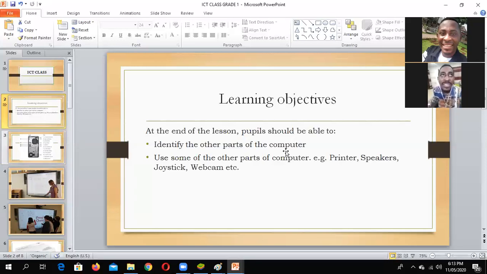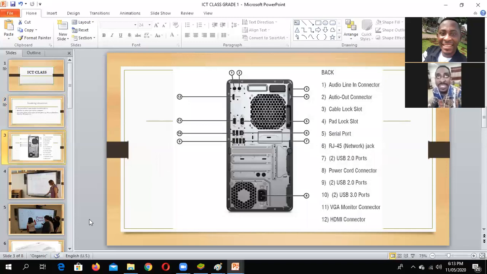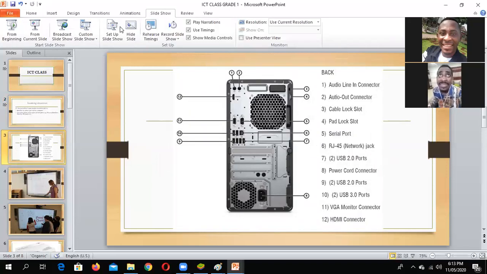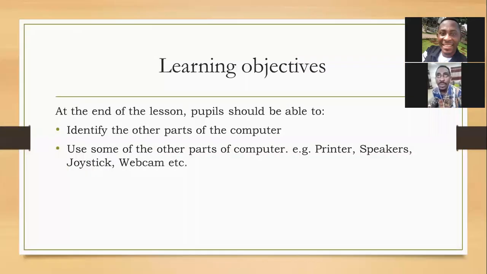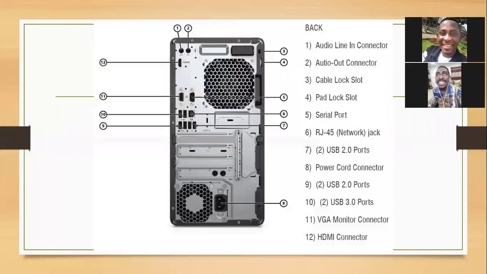Now, the first thing I want to show us is the system unit here. This system unit basically is the most important part of the computer system. This is where all other computer parts are connected.